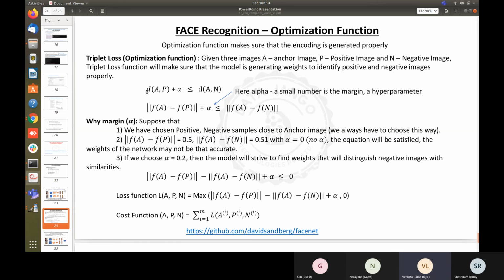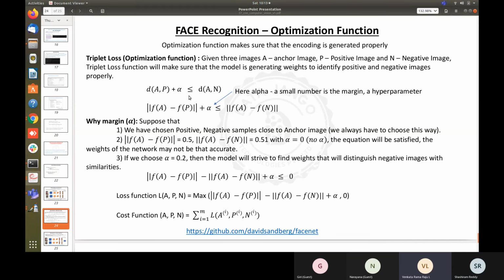Forget about alpha. Will this still hold true? Yes, it will, but the difference will be very less. Sometimes it may not also.